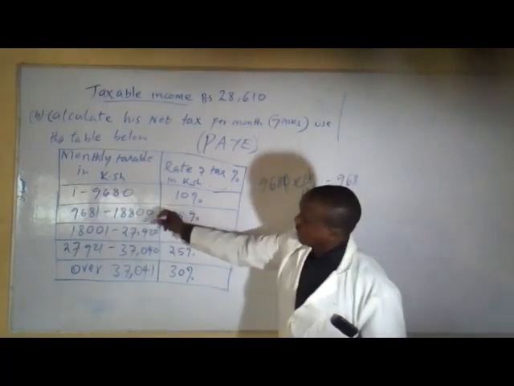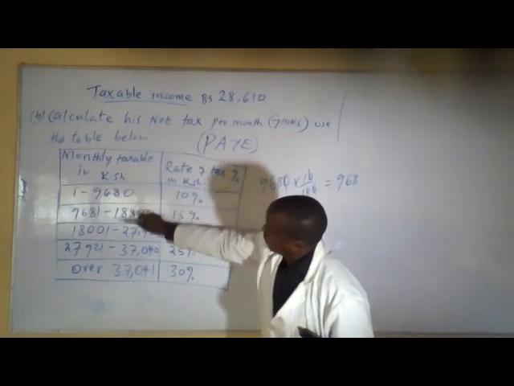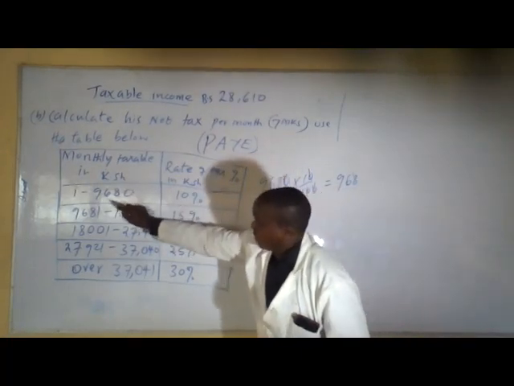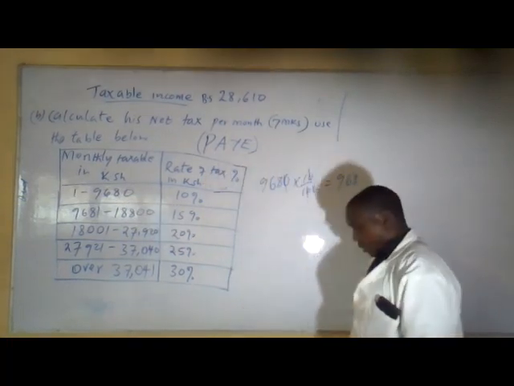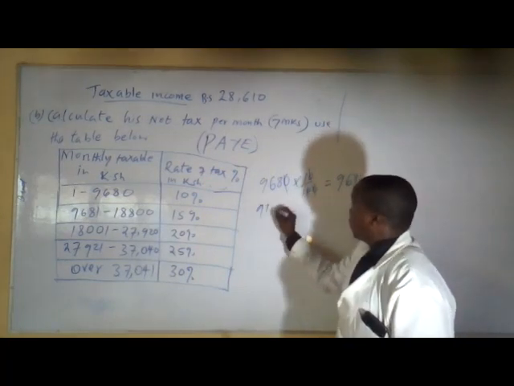For the next one, you subtract 18,800 minus 9,680, and that will give us 9,120.